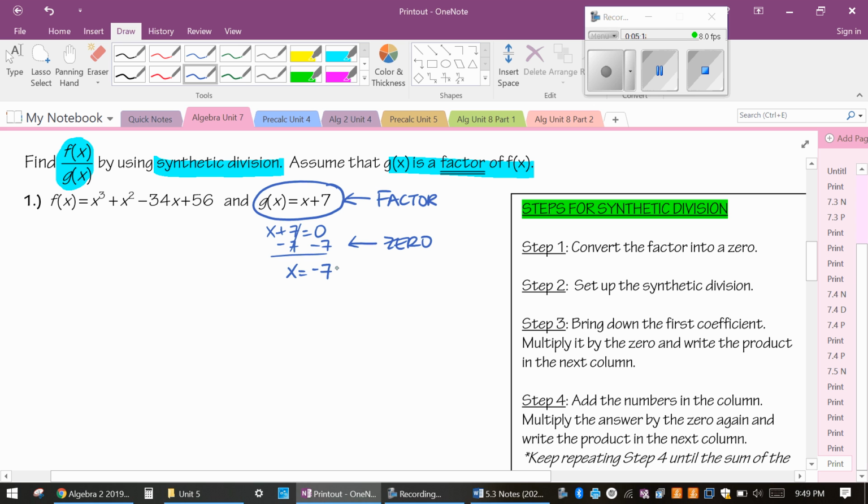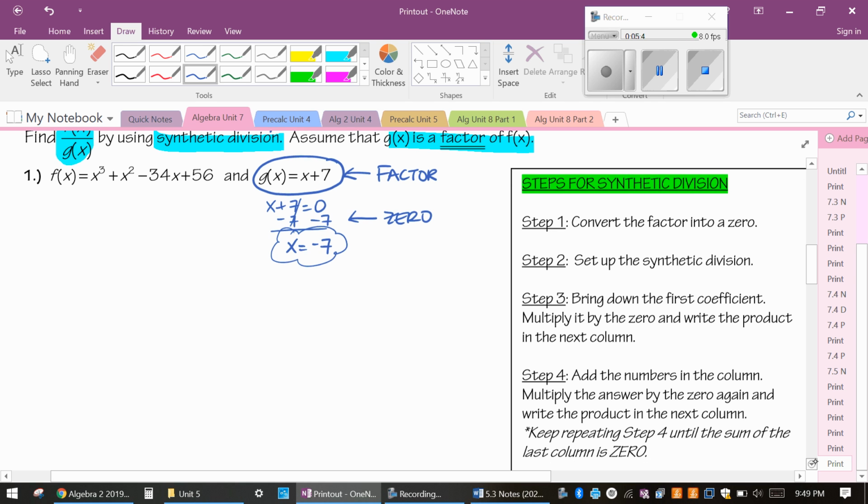And now that you have a 0, you're ready to start synthetic division. So remember, synthetic division requires that you have a 0, not a factor. So if they give you a factor, they told me that g of x was a factor, you're going to set it equal to 0 to convert it to a 0.